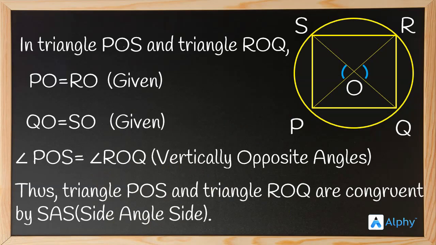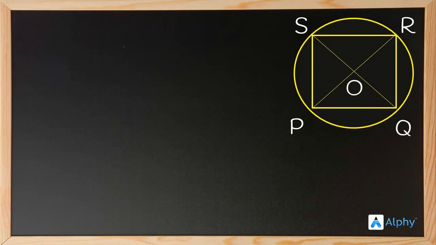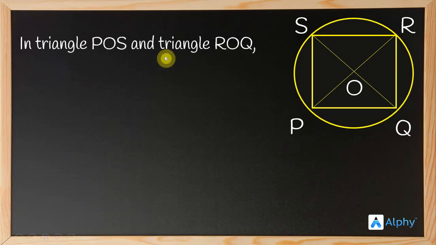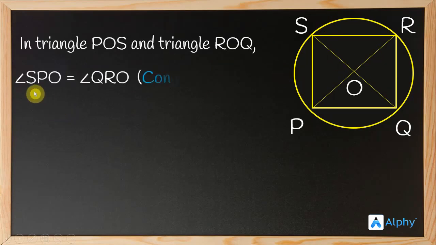So moving on. Again we have PQRS with us because it is very important that you mention the figure and refer to it, because you refer to it again and again, you have to see it for better understanding, hence it is here. So again we'll take a look at triangles POS and ROQ, the same triangles. So here we have angle SPO is equal to angle QRO, congruent triangles.